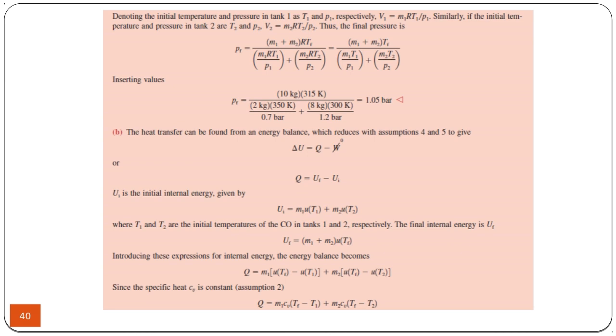And if you write the equation in terms of specific heats by assuming that the specific heat is constant, then the Q is M1 Cv times (T final minus T1) plus M2 Cv times (T final minus T2).